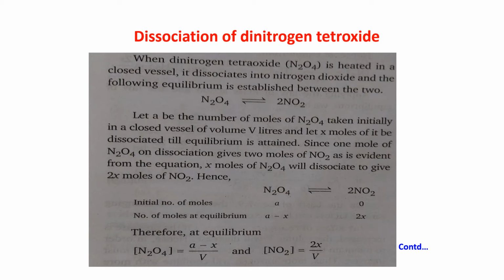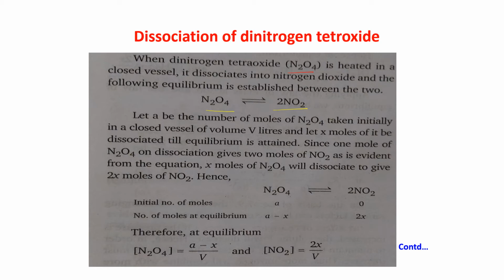Dissociation of nitrogen tetroxide. When nitrogen tetroxide, that is N2O4, is heated in a closed vessel, it dissociates into nitrogen dioxide and the following equilibrium is established between the two. See, N2O4 when it dissociates gives you 2NO2.